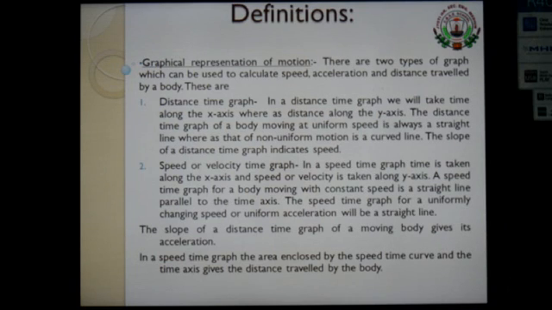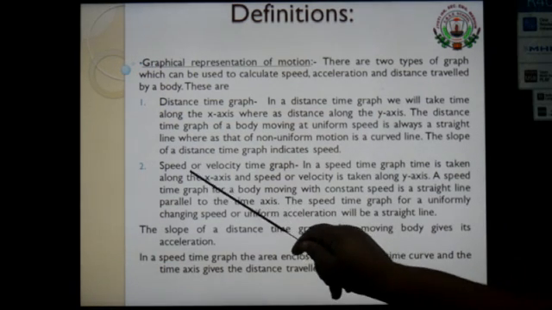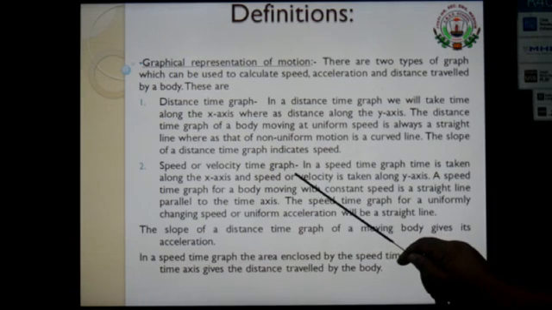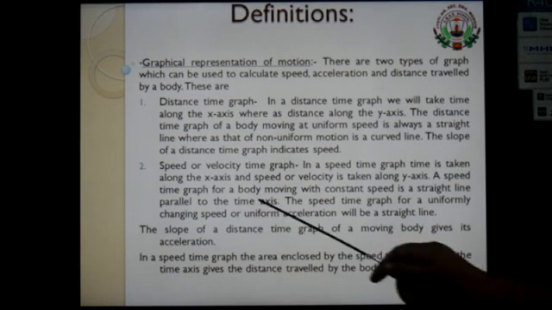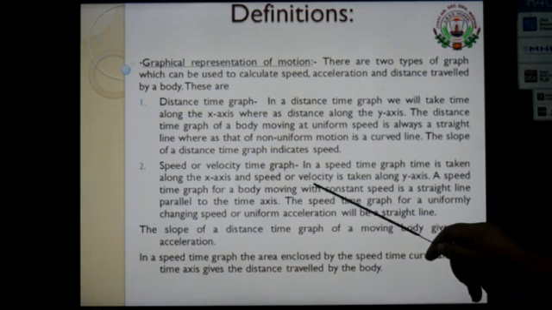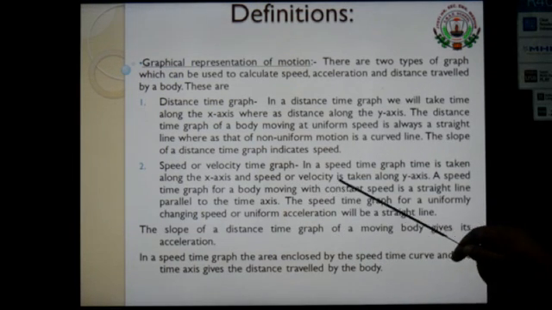And second type of graph is speed or velocity time graph. That means we will take the time along the x-axis and speed or velocity along the y-axis.